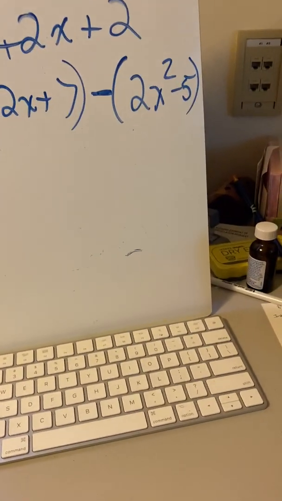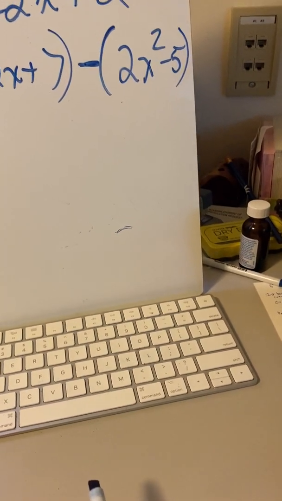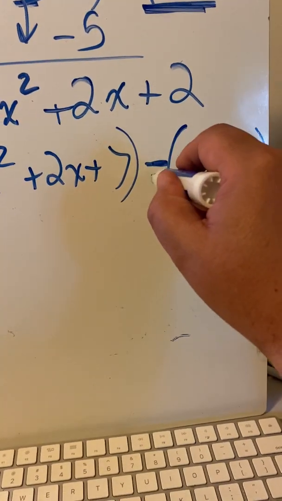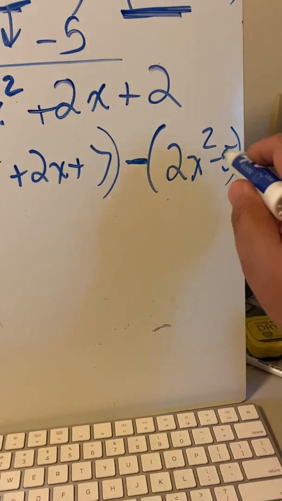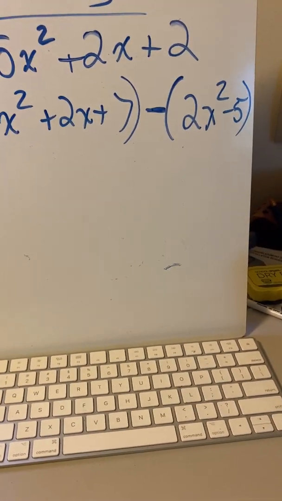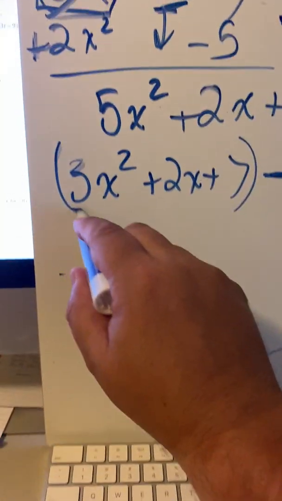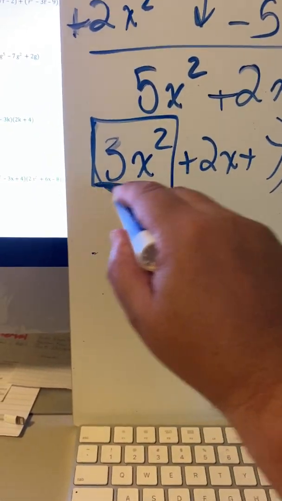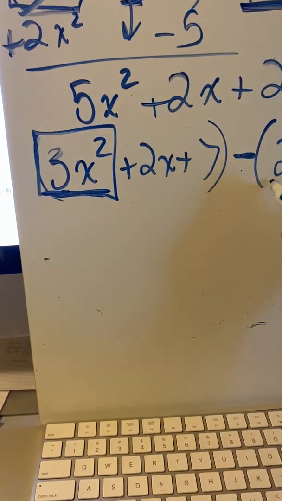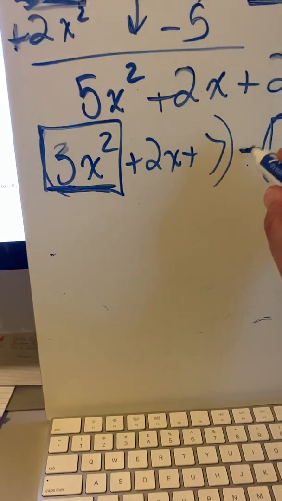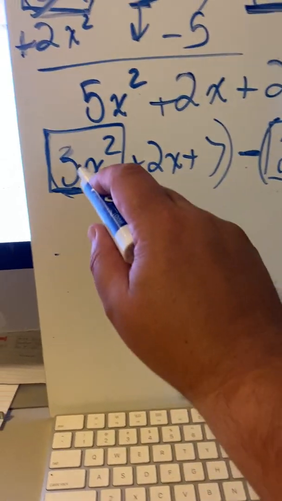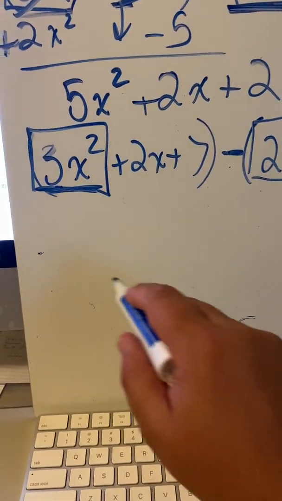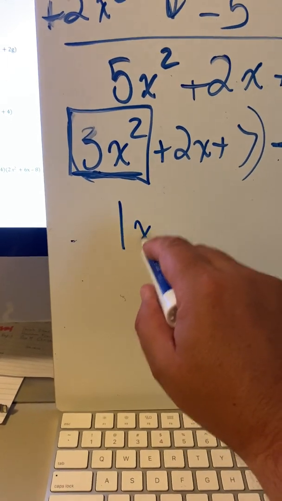Okay? You could write it the way it is. Some people change the negative sign into a plus and change the values inside. I like to look at this as individual parts. I have a 3x squared minus a 2x squared. I'm subtracting 2x squared. What's 3x squared minus 2x squared? It should be just a positive 1x squared.